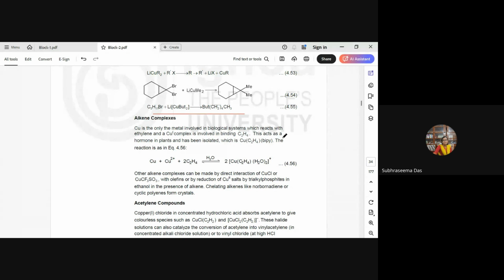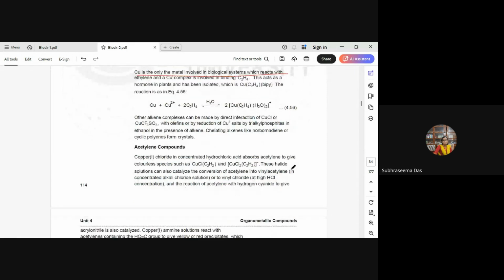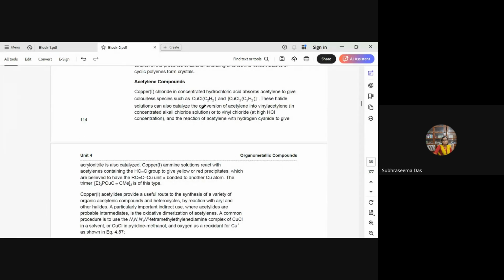Then alkene complexes. Copper is the only metal involved in biological systems which reacts with ethylene and binds to it, and it forms a metalloenzyme, like chelating alkenes such as norbornadiene or cyclic polyenes from crystals. So copper is the one metalloenzyme present in biological systems. Copper chloride in concentrated HCl can form CuCl(CH2=CH2), an acetylene compound.